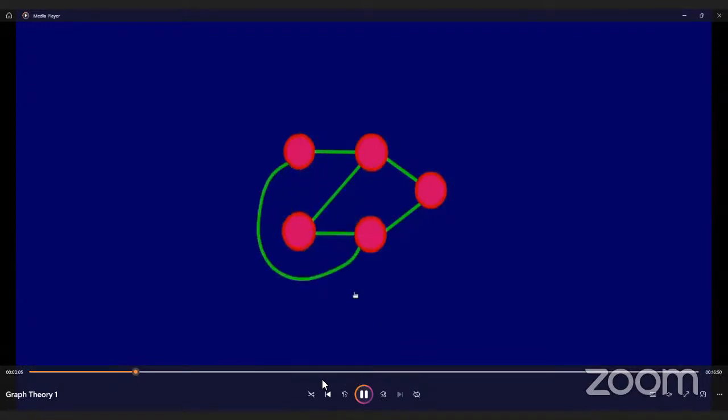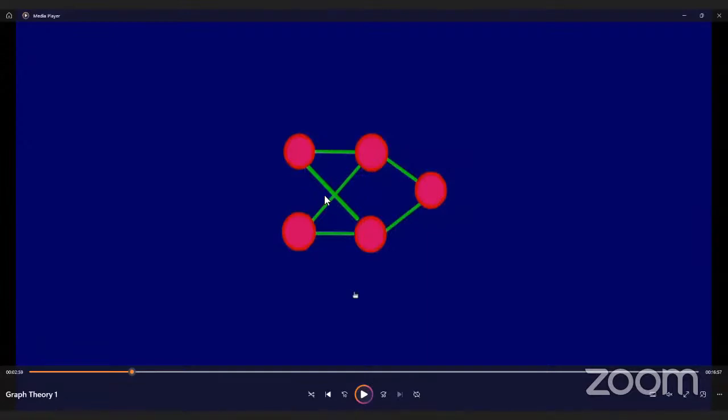Now, if you have something like this, you see that this edge and that edge cross.